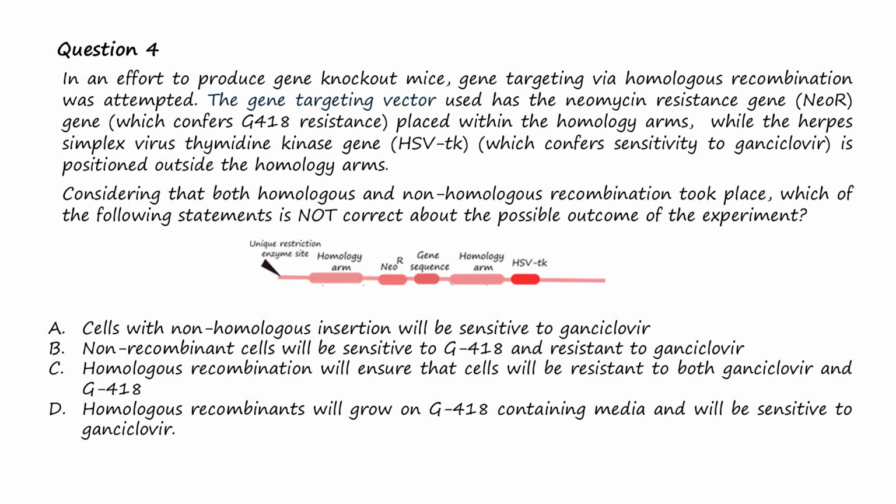Question 4. To produce gene knockout mice, gene targeting via homologous recombination was attempted. The gene targeting vector used has the neomycin resistance gene, which confers G418 resistance, placed within the homology arms, while the herpes simplex virus thymidine kinase gene, which confers sensitivity to ganciclovir, is positioned outside the homology arms.